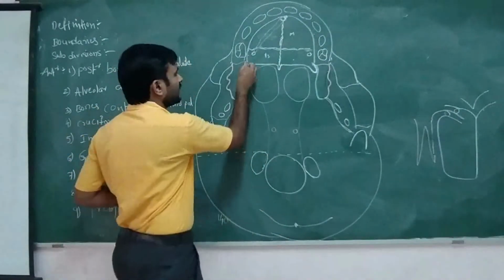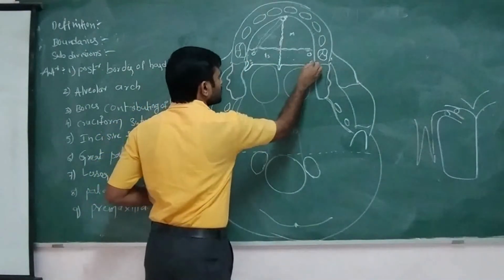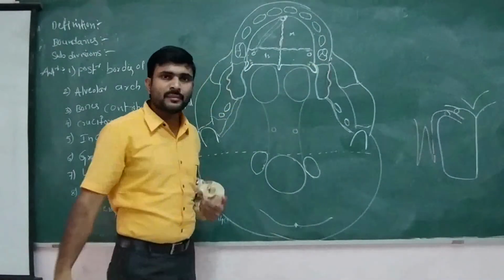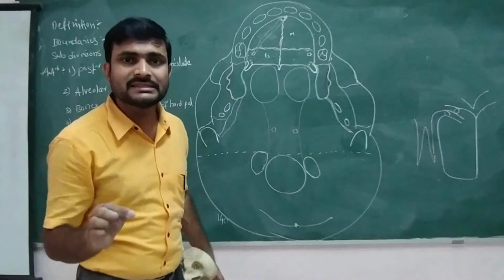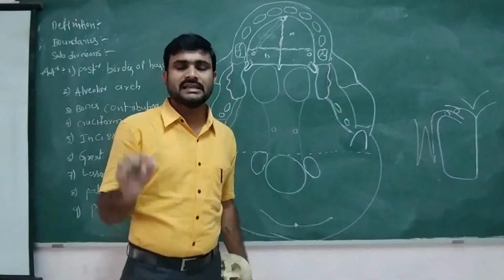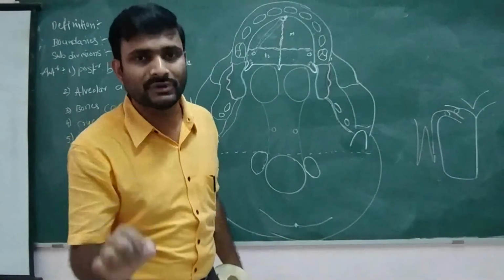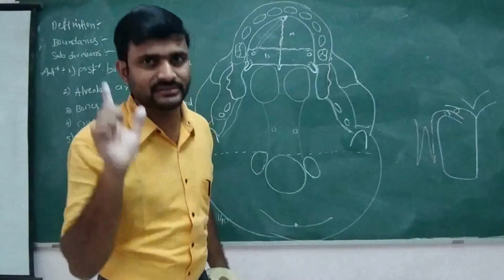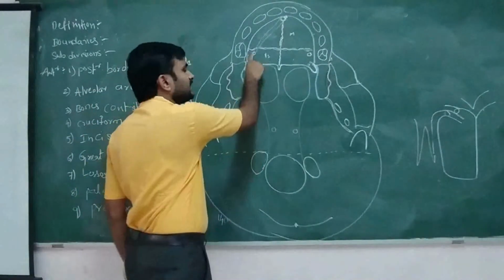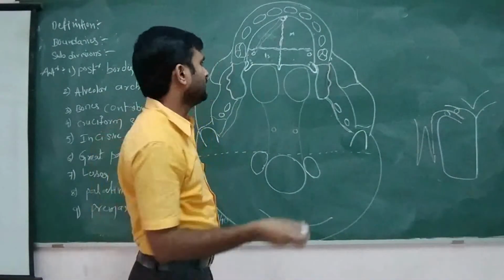This bone contains 2 to 3 small foramina. These are called the lesser palatine foramina. In these lesser palatine foramina, the lesser palatine nerve and vessels pass. Greater is greater, lesser is lesser. Clear?